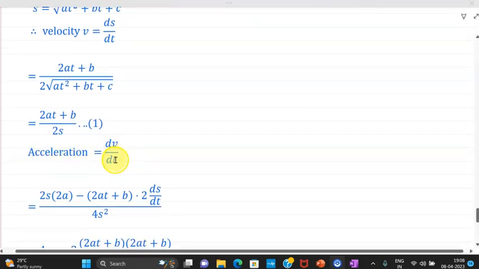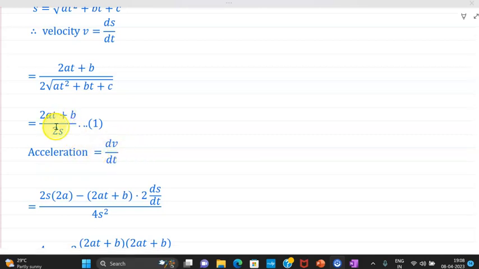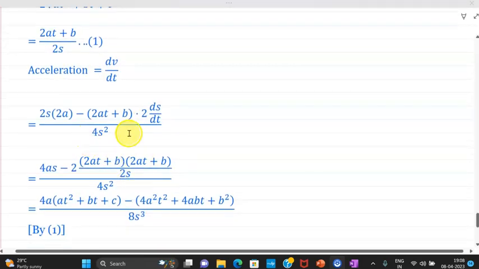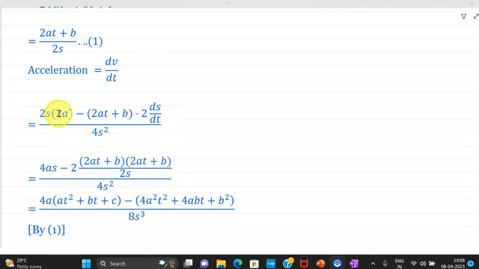What about the acceleration? We want to find out the acceleration. Therefore, dv/dt equals, now here we apply the quotient rule. 2s into the derivative of 2at plus b, which with respect to t is 2a, minus (2at plus b) as it is into the derivative of 2s, that is 2 into ds/dt, upon (2s)², which is 4s². After simplification, that is 4as minus 2 into ds/dt.